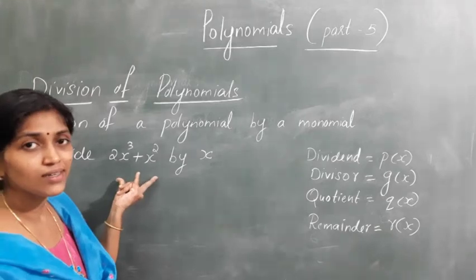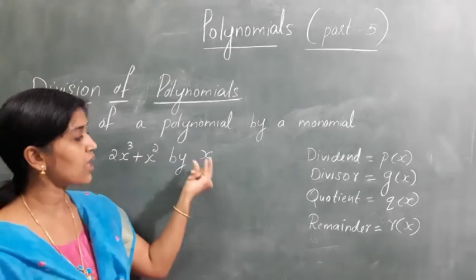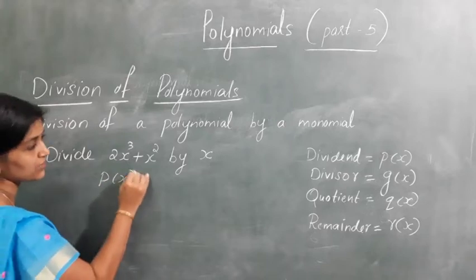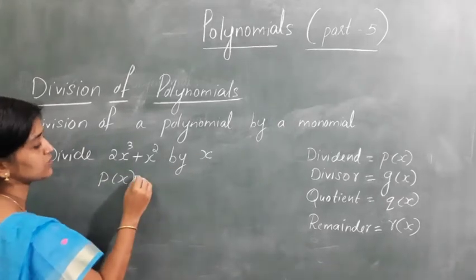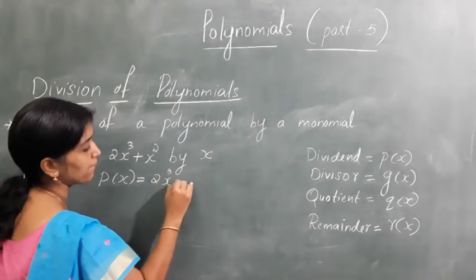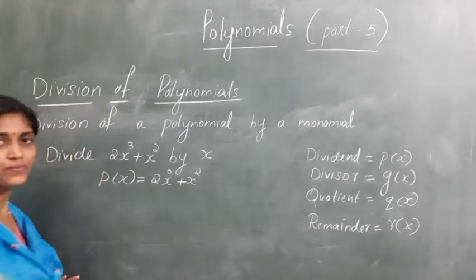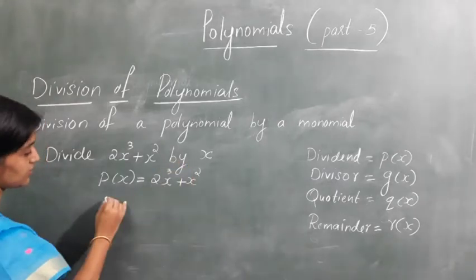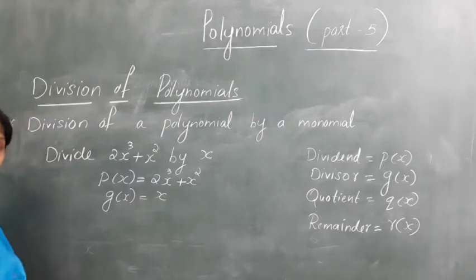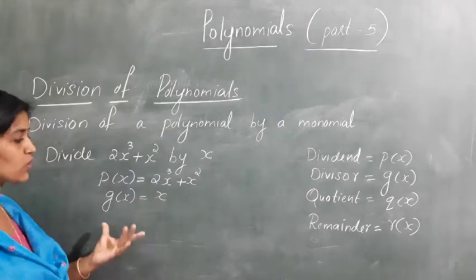This we call the dividend. This is our divisor. So we'll take P of x. Dividend is denoted as P of x. P of x is equal to 2x cubed plus x squared. Next, divisor is denoted as g of x, that is x. Okay. So we are going to divide.